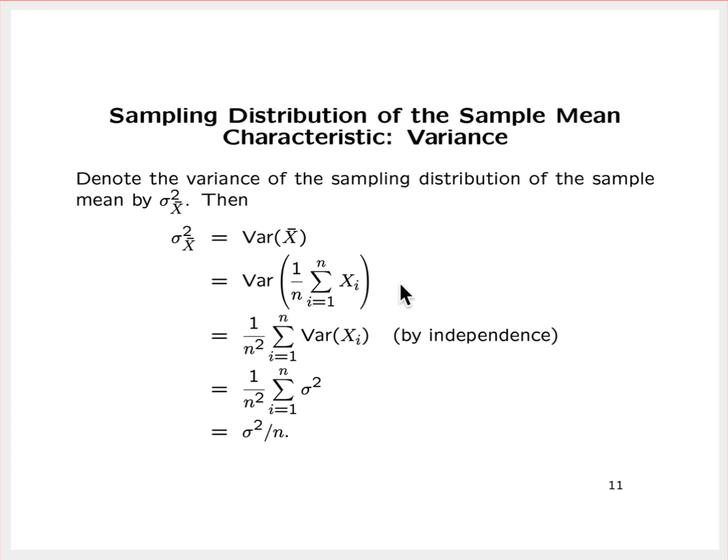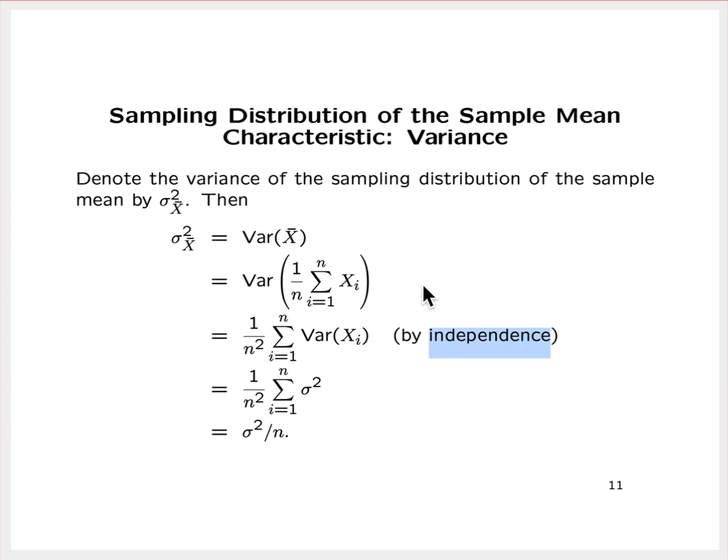And then you'll remember, based on the properties of covariance, that when we've got uncorrelated random variables, the variance of a sum is equal to the sum of the variances. You'll also remember when we defined and talked about independence, independent random variables are uncorrelated.